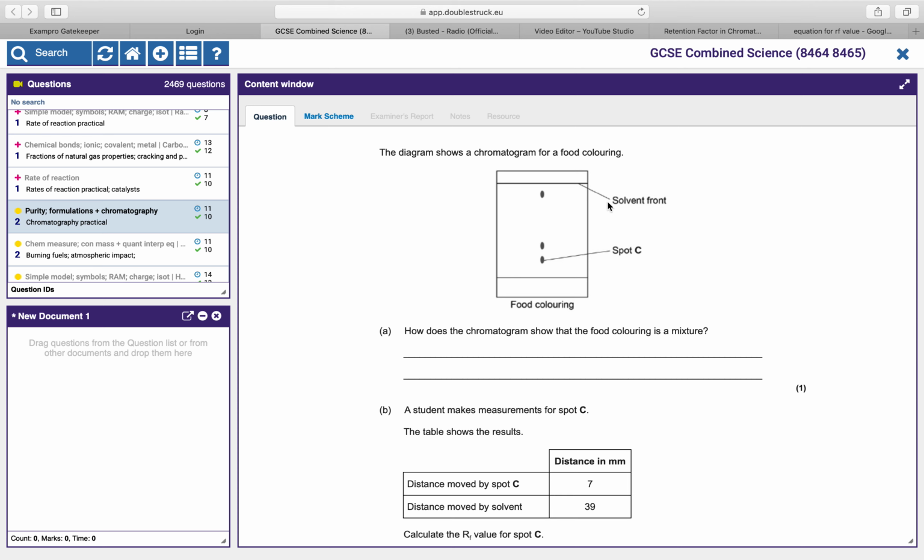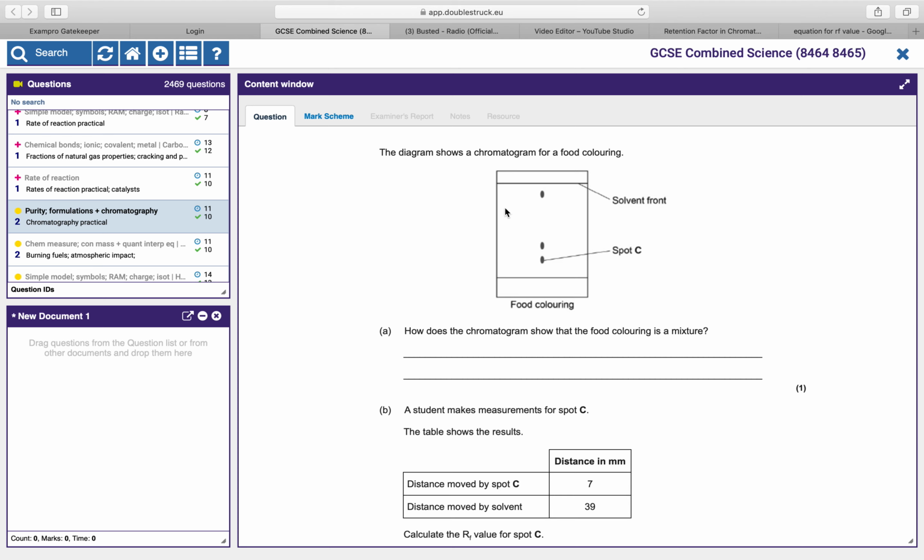Imagine this is our chromatography paper. The actual chromatography paper is what's known as a stationary phase, P-H-A-S-E. Then you will have dipped it inside some sort of solvent. The solvent, it could be water, it could be alcohol, and that's the liquid that slowly climbs up.